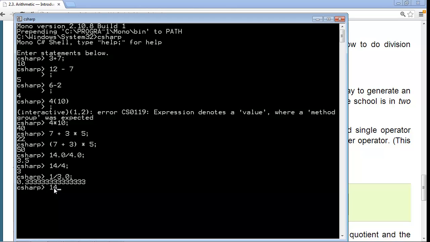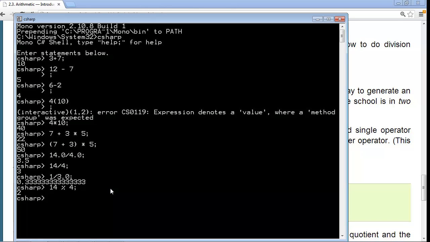So let's look at 14 % 4 semicolon. The percent sign here is grabbed to mean take the remainder. Remember, 14 divided by 4 was 3 with a remainder of 2.